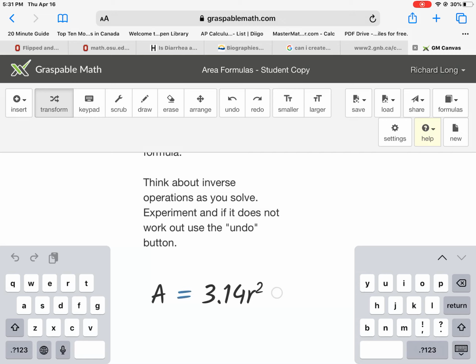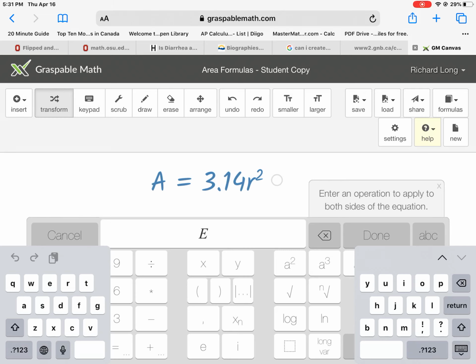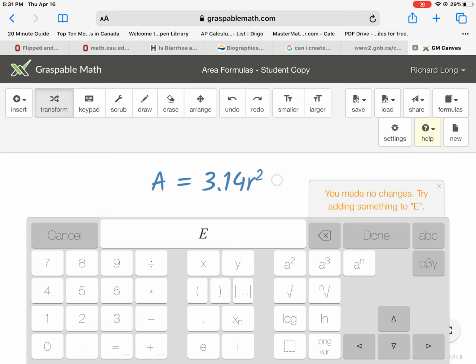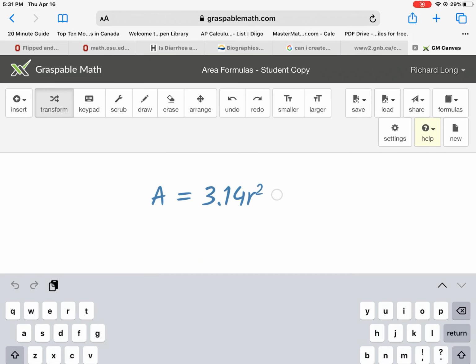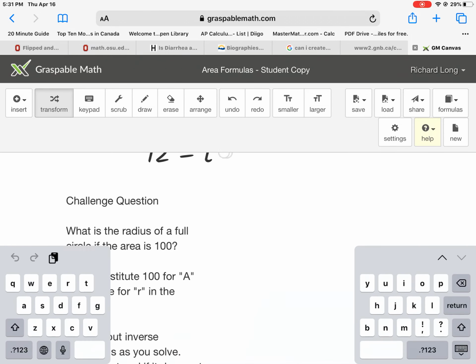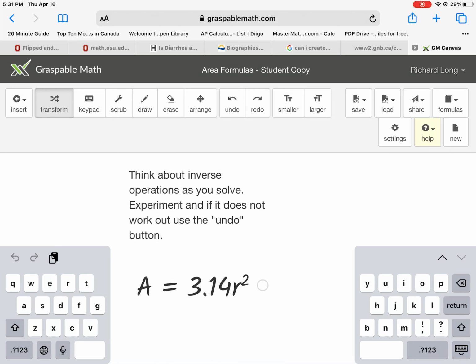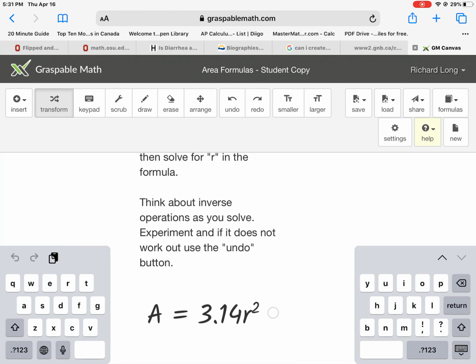I can just long press on that, and that does the equation. I don't want to do that. So cancel. I need to get a number out there. So I need to replace A with 100. How do I do that?